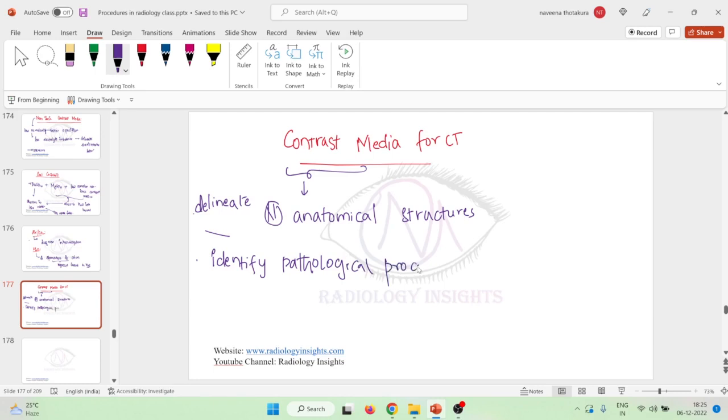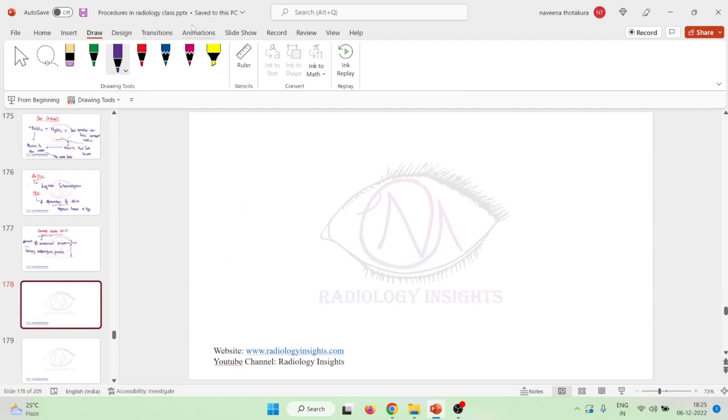Thus, using contrast media will help us to identify the diseases and make the diagnosis easily. As a result, it is very important to use a contrast media for CT whenever it is required.